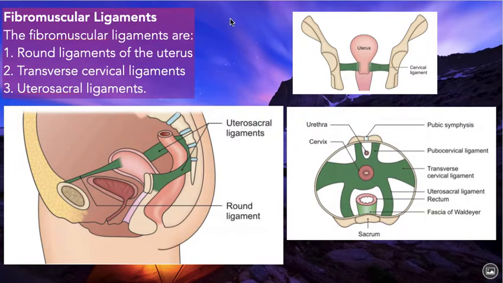Now, coming to the true or the fibromuscular ligaments, they are the round ligament of the uterus, the transverse cervical ligaments, and the uterosacral ligaments.